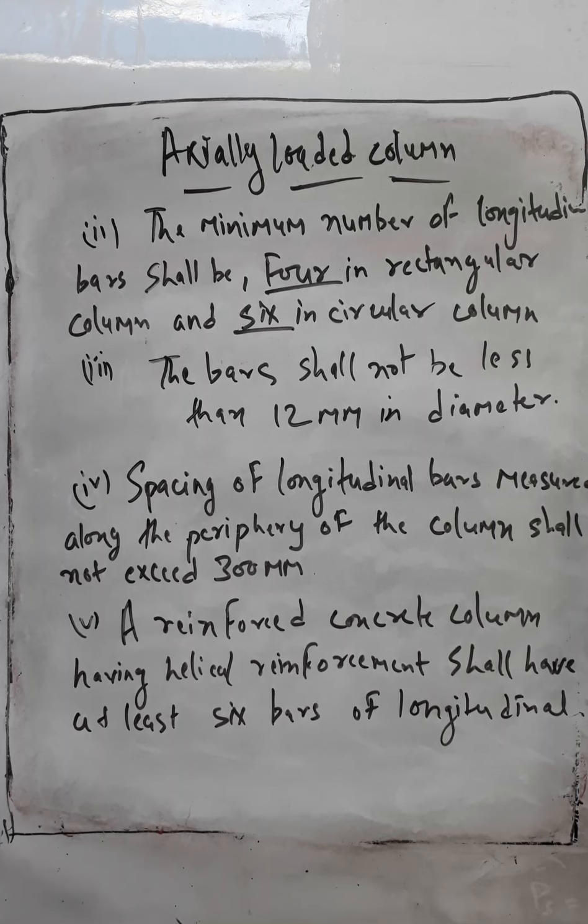Okay, so these are the points given in our IS 456-2000, page number 48, clause number 26.5.3. This is the clause we have to use in case of column for longitudinal reinforcement.